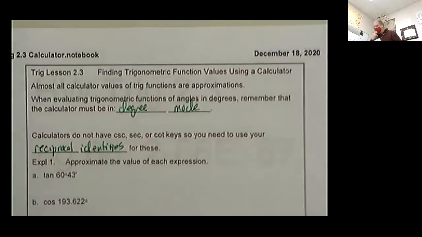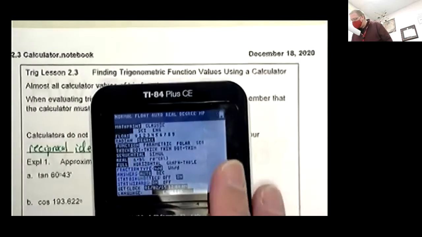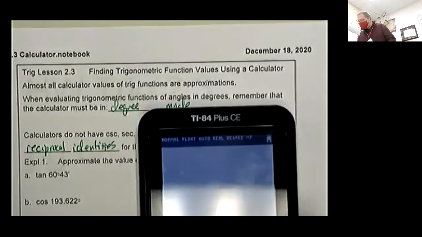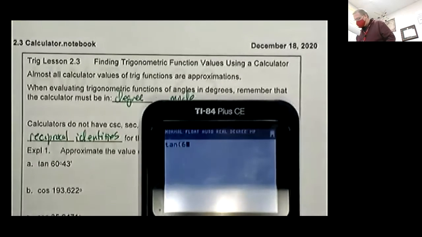So approximate the value of each trig function. On my calculator, I want to make sure that I am in degrees. If I go to mode, I am in degrees, so I'm good to go. So I can type in my angle. I want tangent of 60 degrees 43 minutes.